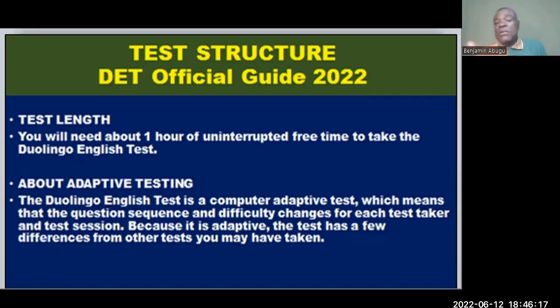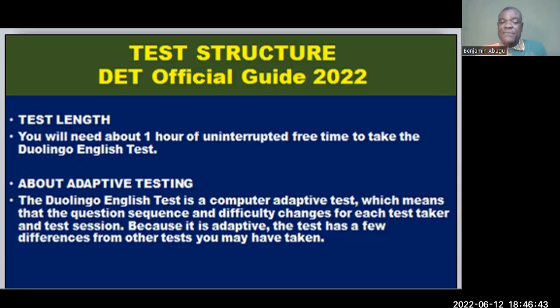Now, what you need to know about adaptive testing. The Duolingo English test is a computer adaptive test. This means that the question sequence and how difficult it is will change for each test taker and for each section, depending on how you are answering the questions. As I earlier mentioned, it is adaptive.